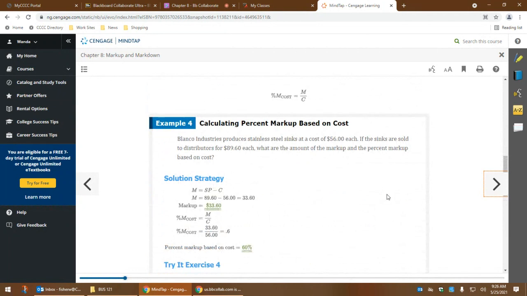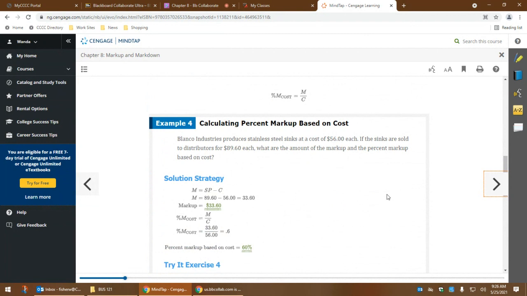So example 4, we've got these people who make stainless steel sinks that cost $56 each. Sinks are sold to distributors at $89.60. What are the amount of the markup and percent markup based on cost? So the first thing we need to do is find the markup. Selling price minus cost. So we're selling it for $89.60. It cost us $56.